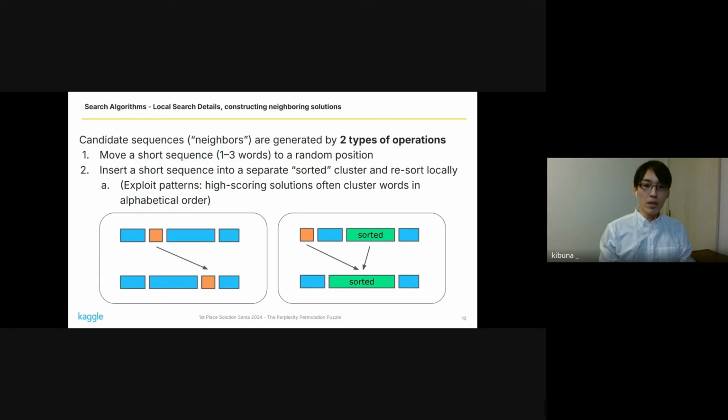And the other is finding already sorted subsequences within the solution, inserting short random sequences into them, and re-sorting the segment. Through observation, we noticed that sorted segments frequently appeared in good solutions, leading us to exploit this property. And this property is also mentioned in the public discussion, I think.